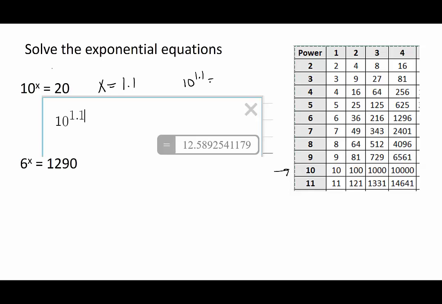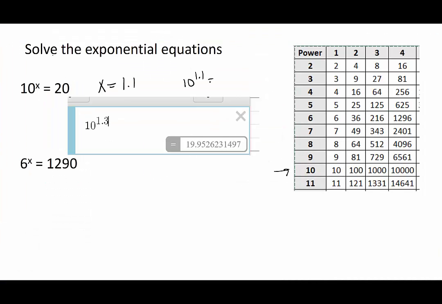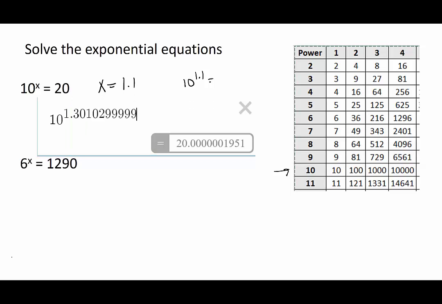If we plug it into Desmos, we see that 10 to the 1.1 is about 12.5. 10 to the 1.3 is 19.9. If we play around with numbers in Desmos, we can see that x equals 1.301 is very close to the correct answer.